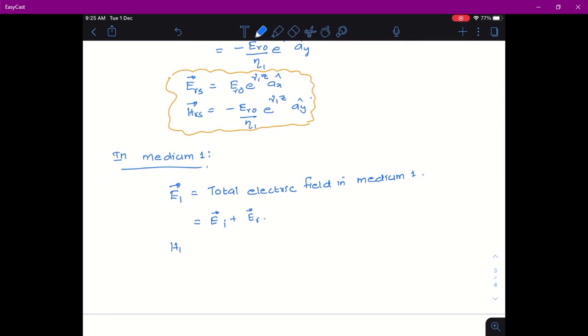Similarly, H1, that is total magnetic field in medium 1, is equal to HI plus HR.